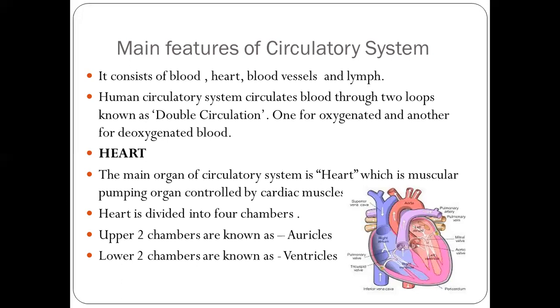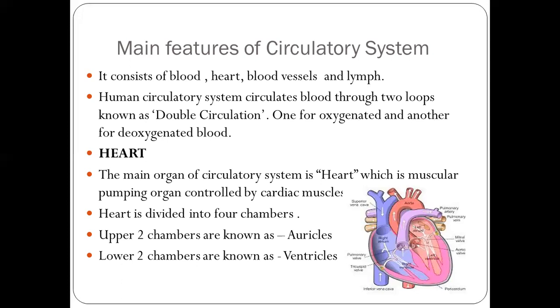This pumping organ is controlled by cardiac muscles. Cardiac muscles control the contraction and relaxation of the heart. Because of this, the human heart is myogenic in nature. What is the meaning of myogenic nature?